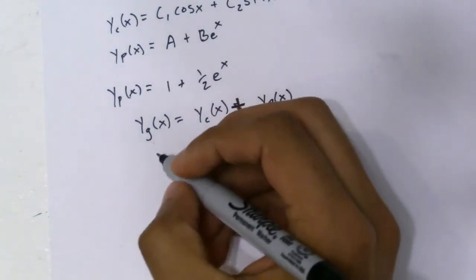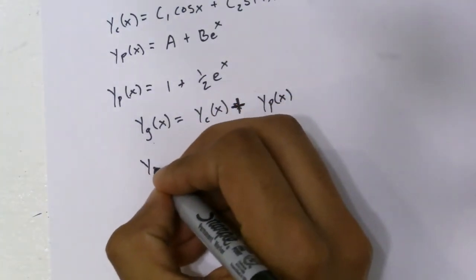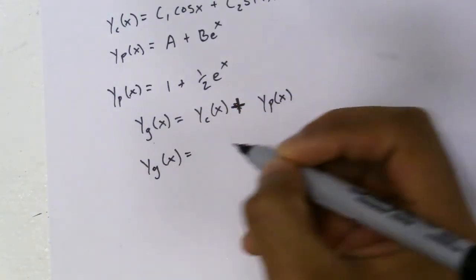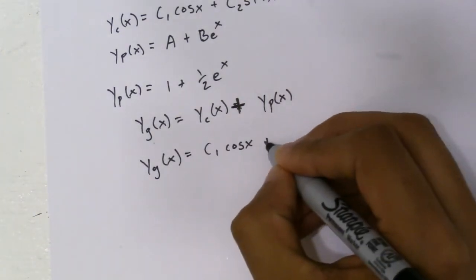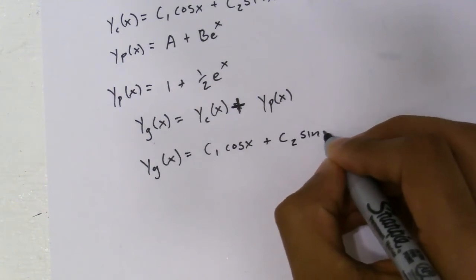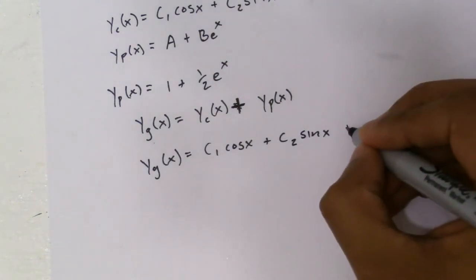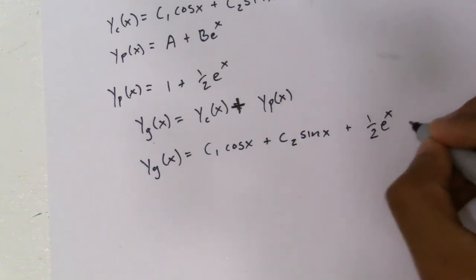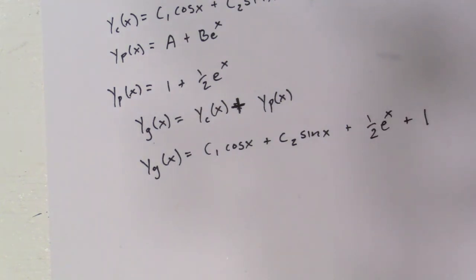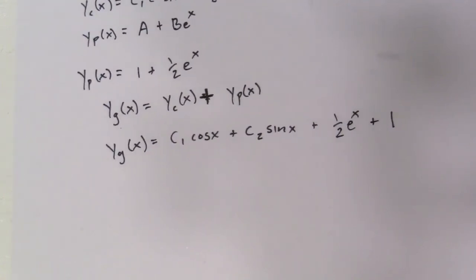So yg of x is simply c1 cosine of x plus c2 sine of x plus 1/2 e to the x plus 1. So that is your general solution.